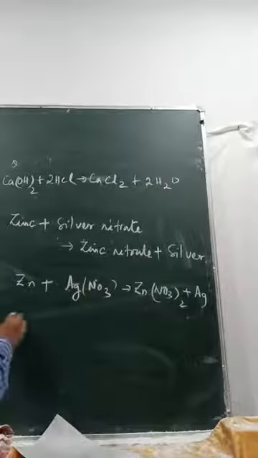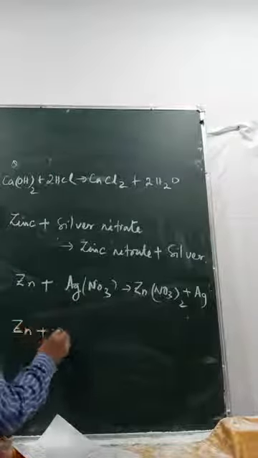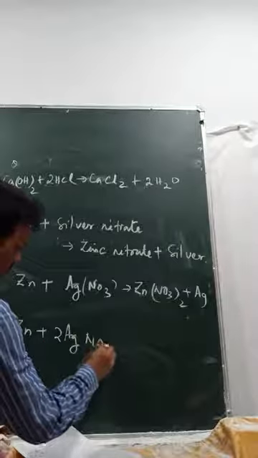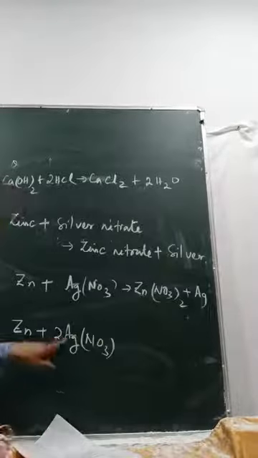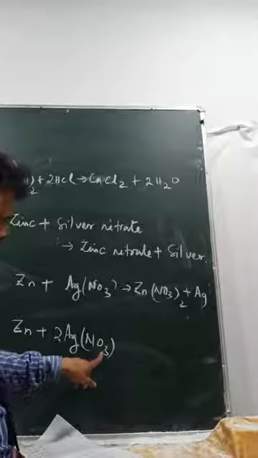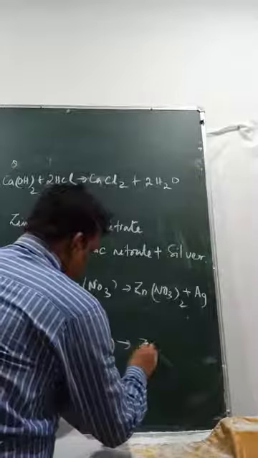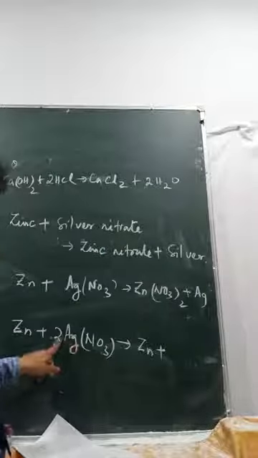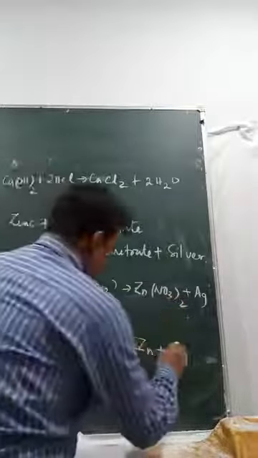That means you are getting zinc plus 2AgNO3. So oxygen became 6. Gives you Zn(NO3)2 plus not 1 silver, so I have to multiply here, it will be 2 silver.